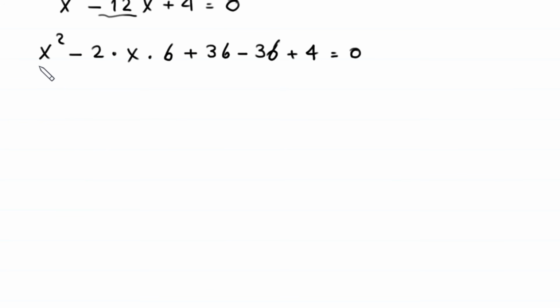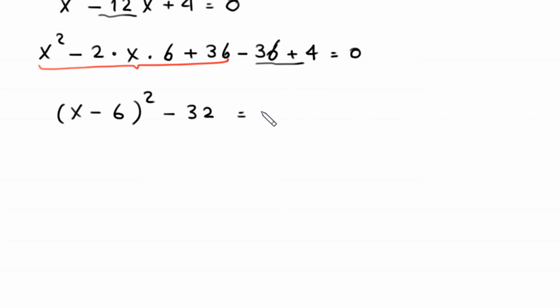This expression x squared minus 2 times x times 6 plus 36 is a perfect square, so this will become (x minus 6) whole squared, and negative 36 plus 4 will become negative 32 equal to 0.